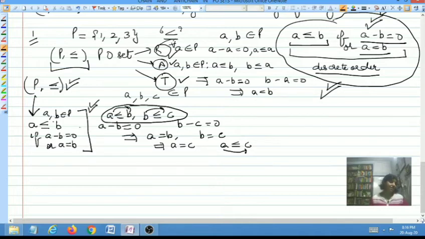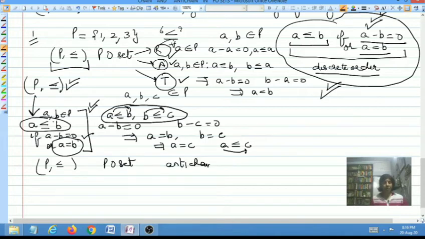In an anti-chain, such a relation is satisfied that every element is just related to itself. If 2 elements are related, then this means they are equal. So every element is just related to itself. So this is an anti-chain. So P less than equal to here not only comes out to be a PO set, but it also comes out to be an anti-chain.